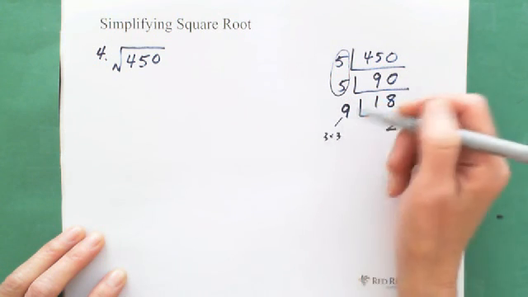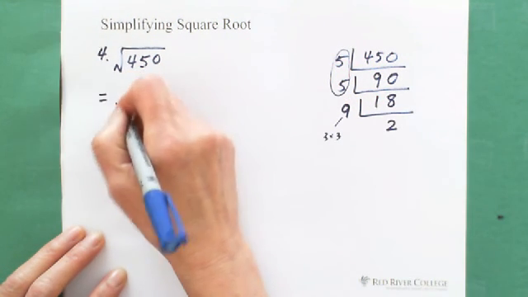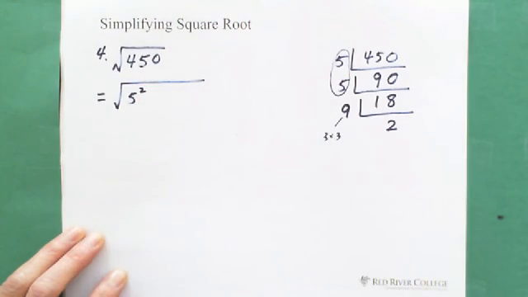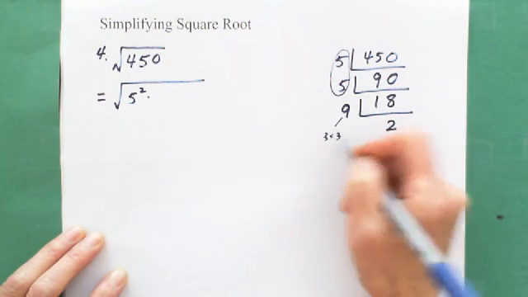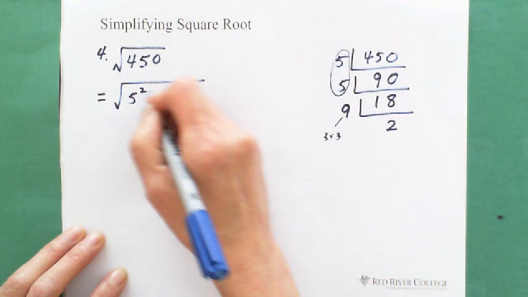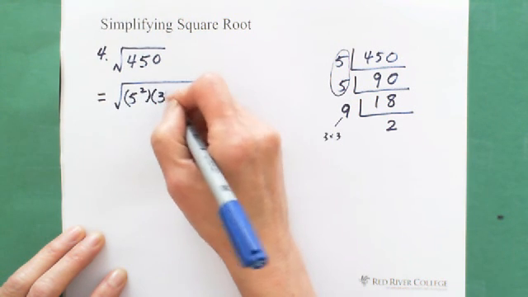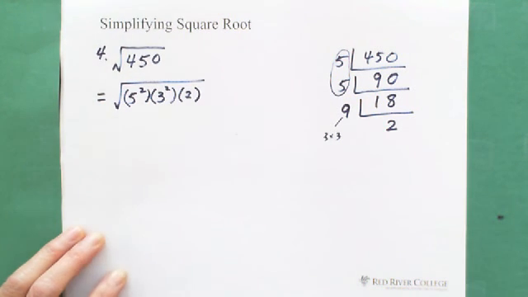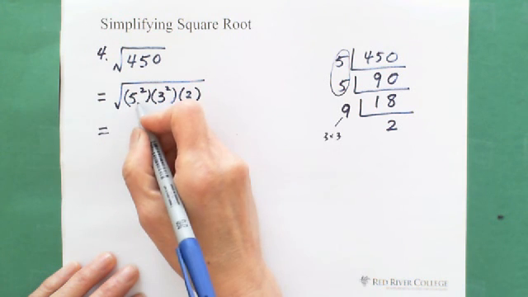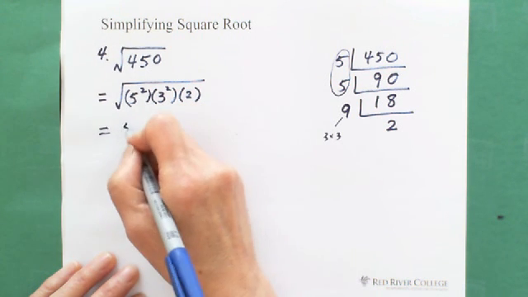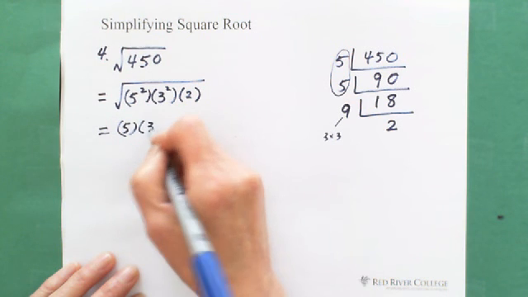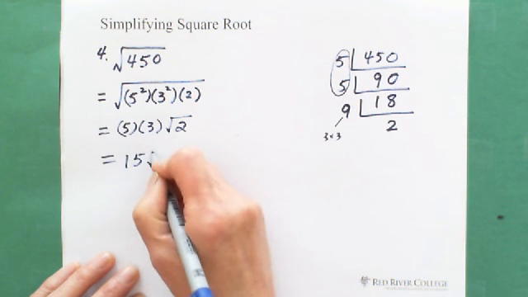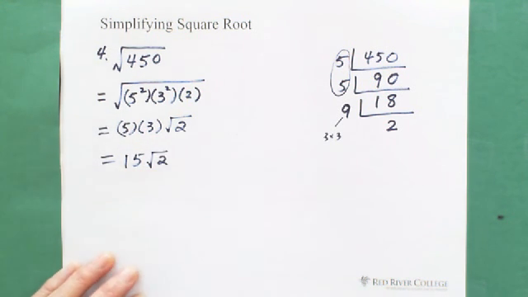So we can write the square root of 450 with 5 squared, 3 squared, and 2 here. We have a pair of 5s and a pair of 3s, so 5 and 3 come out of the radical. The 2 stays inside, which is 15 square root 2. So this is the answer.